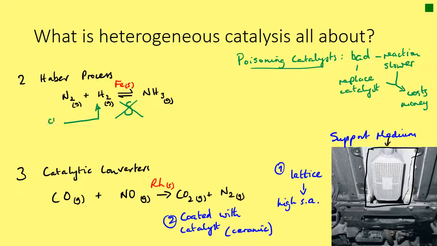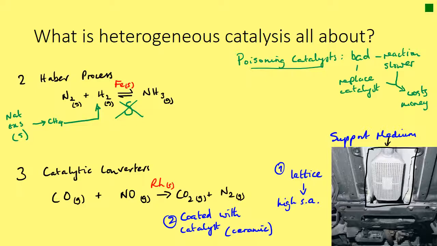The hydrogen is made from methane, and the methane is made from natural gas. And the natural gas might contain sulfur impurities in it. So in that process of manufacturing your hydrogen, you must remove this sulfur from your natural gas before it is turned into hydrogen. Otherwise, our Haber process wouldn't be as efficient as it is. We wouldn't get the fertilizers that we need, and our food would be much more expensive, and there'd be less of it. So that's one example of catalytic poisoning.